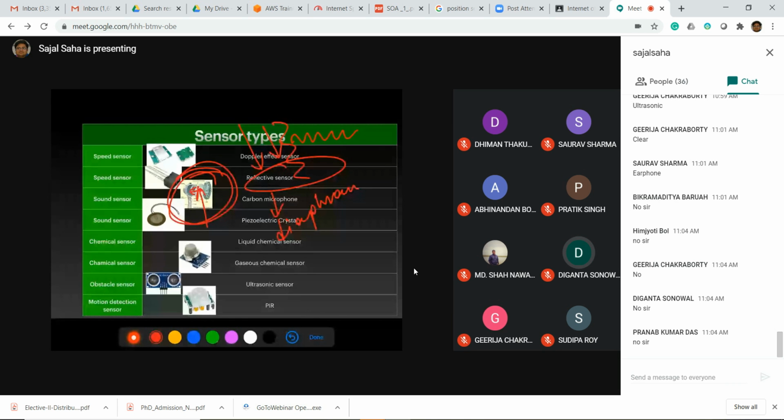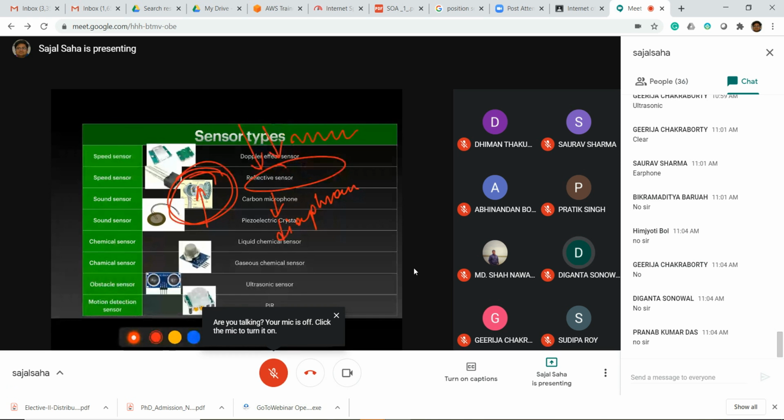This kind of microphone is basically used by pilots so that they can hear only the voice of the co-pilots, removing all other noises. That is why I need a very good sound sensor which has noise cancellation facilities also. Is this clear? Sound sensor?